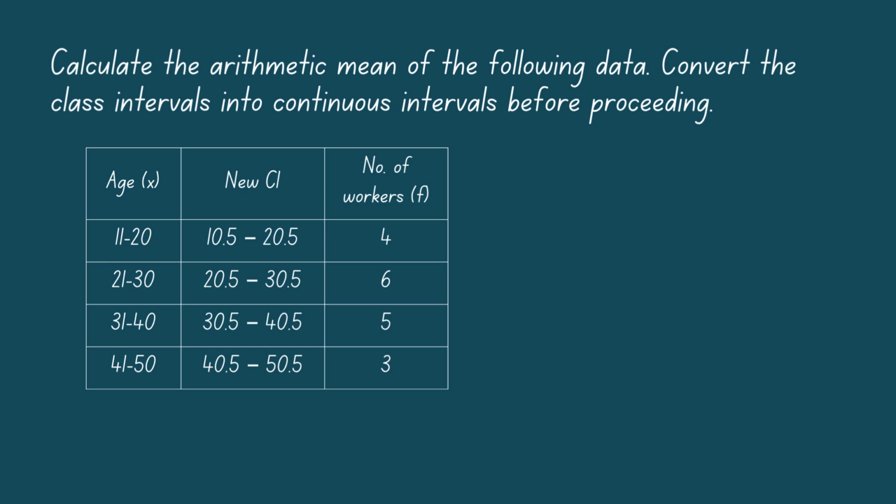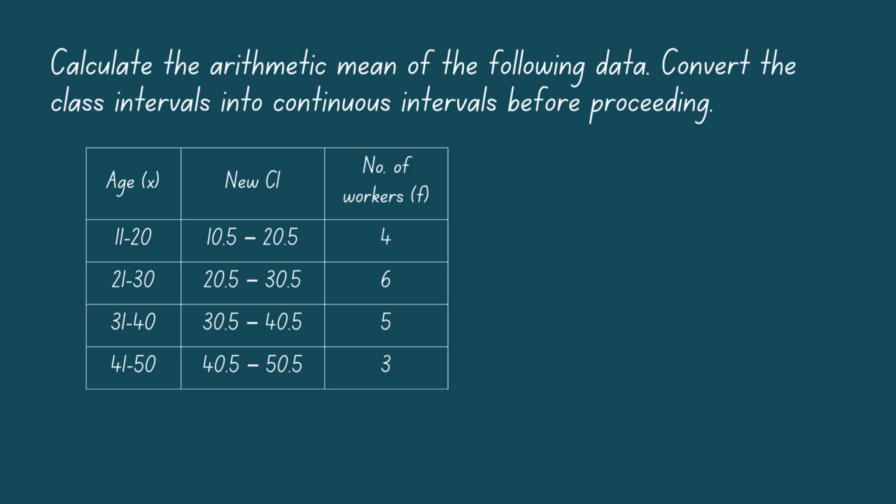In the same way, 31 to 40 becomes 30.5 to 40.5. And 41 to 50 becomes 40.5 to 50.5. Now we have the new class intervals. These new boundaries are called the true class limits or actual class limits. Notice that now the classes are continuous, which means each class ends exactly where the next one begins.